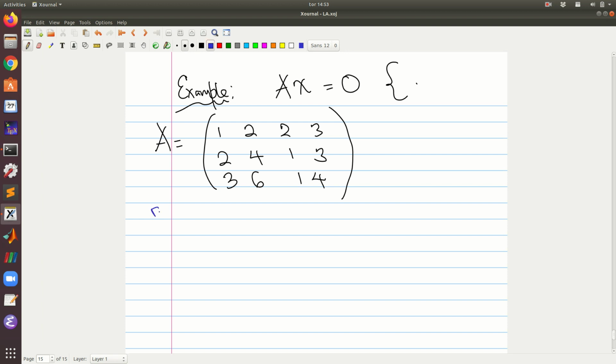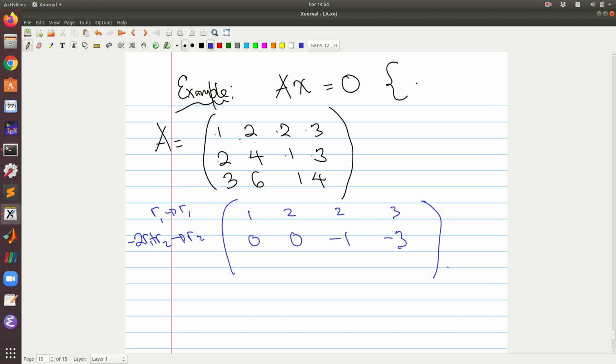We put R1 in row 1: 1, 2, 2, 3. In row 2 we put minus 2 row 1 plus row 2. Multiply by negative 2 and add, we have 0, 0, then negative 1, and negative 6 plus 3 gives negative 3.